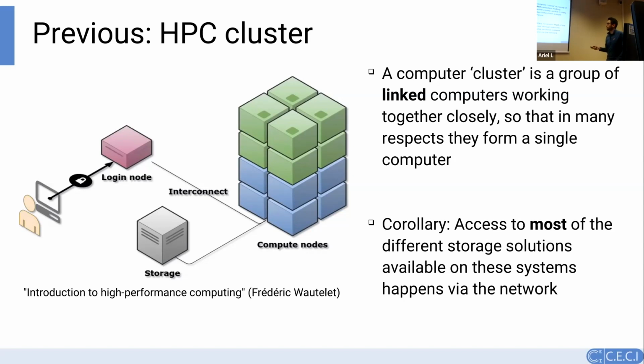Most of the time on an HPC cluster, we are accessing the storage, your home directory, and if you already took a look at what we call on the CECI local scratch and global scratch, most of them, only local scratch is an exception, but most of the storage is being accessed via the network. And the network is orders of magnitude below what we get via PCI Express access on a single machine.